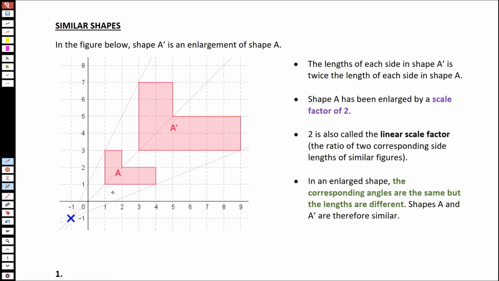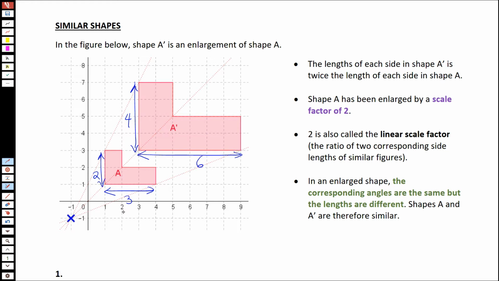What that means is, for example, this length here is 3. This length here is 6. This length here is 2. That length there, from here all the way to that point, is 4.